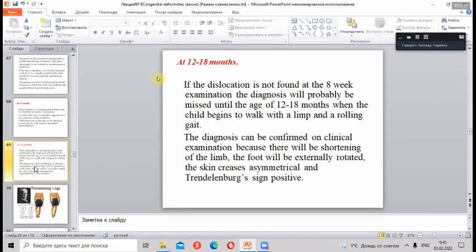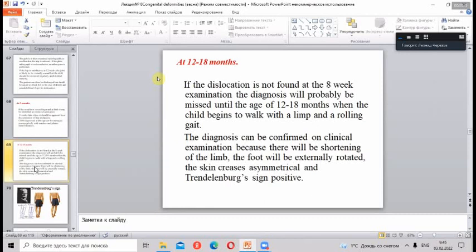At 12 to 18 months, if the dislocation isn't found at the 8-week examination, the diagnosis will probably be missed until the age of 12 to 18 months, when the child begins to walk with a limp and rolling gait.